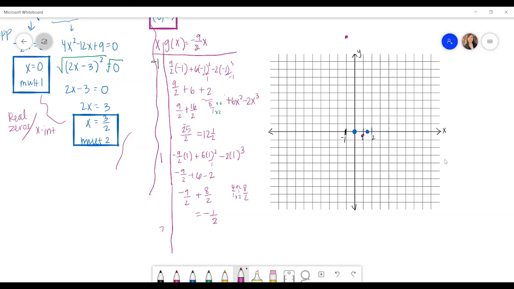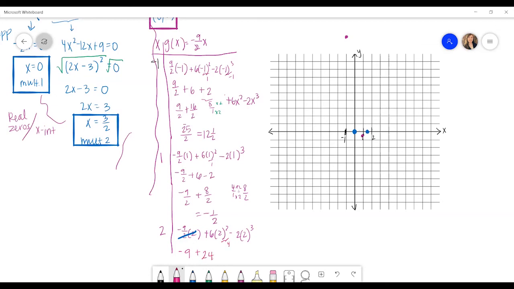2 is immediately to the right of that. Negative 9 over 2 times 2 plus 6 times 2 squared minus 2 times 2 cubed. So these first pair of 2's are going to cancel. And you're just left with negative 9 plus 2 squared is 4, and 6 times 4 is going to be 24.